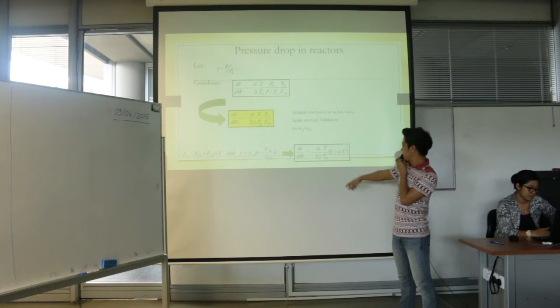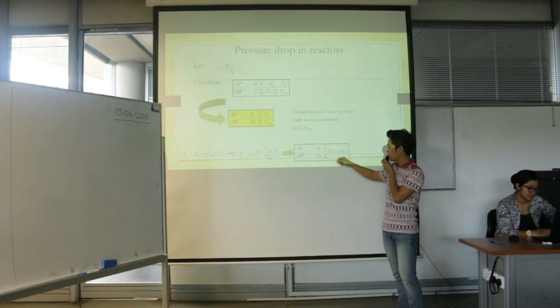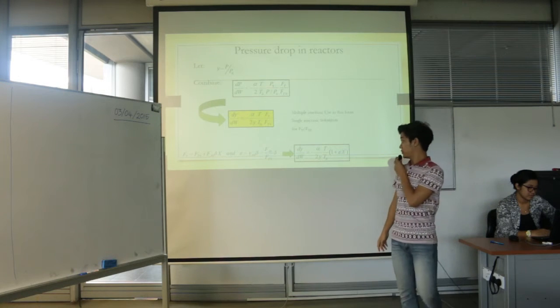And then after we derive, we get dy over dW equal to negative alpha over 2y times (1 plus epsilon X).